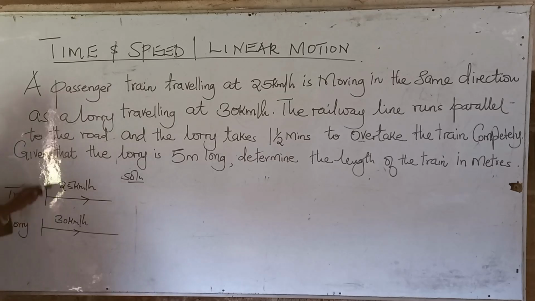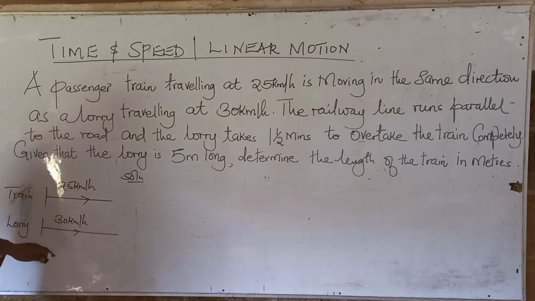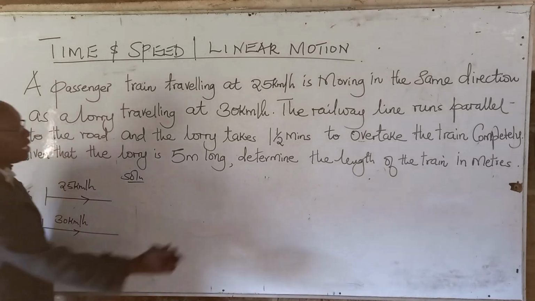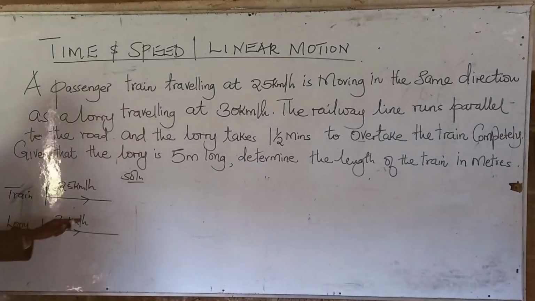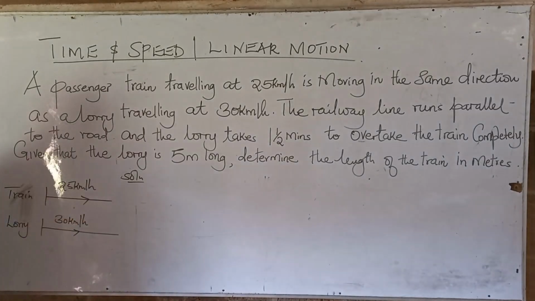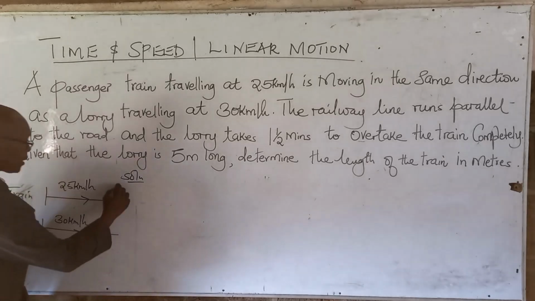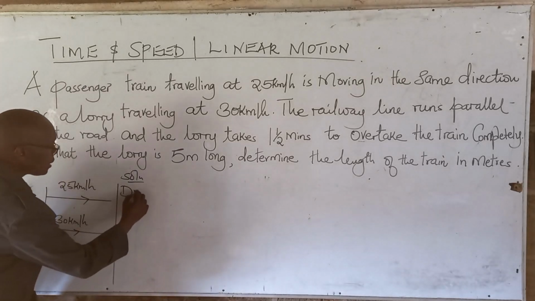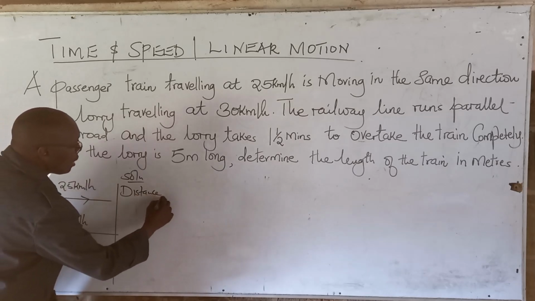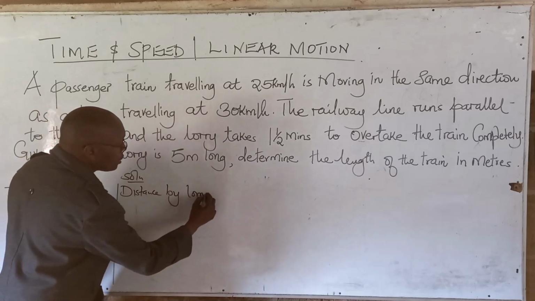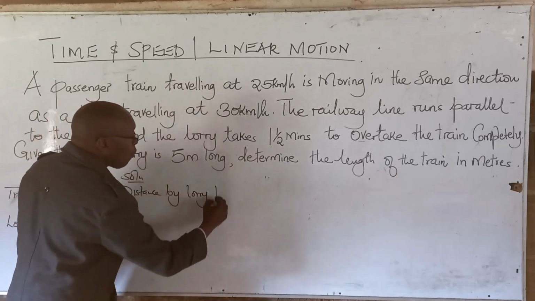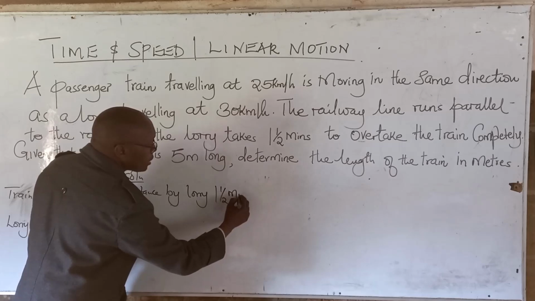So when you look at these values given here, we have kilometers per hour, and we have minutes. So you have to decide to use uniform units of measurement. I will decide to use meters per second. So the first thing I need to get is the distance moved by the lorry in these 1.5 minutes.